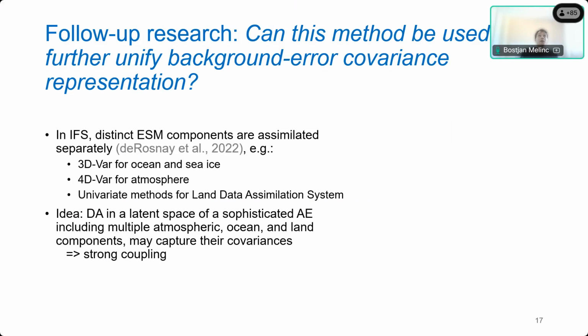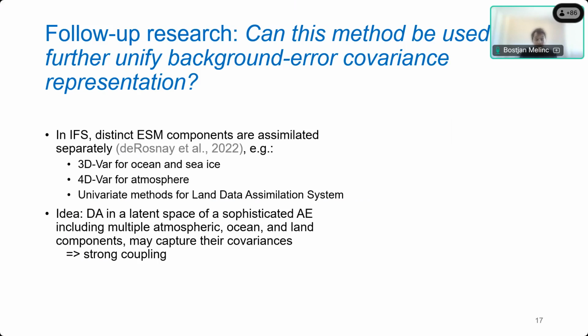where our idea is that given that this framework showed promising results for unifying mid-latitude and tropical atmospheric covariance representation, maybe we can also use it for further unification of covariance representation. So what am I pointing at?